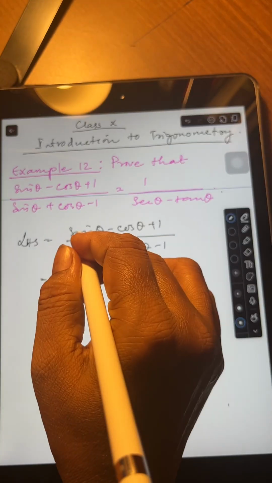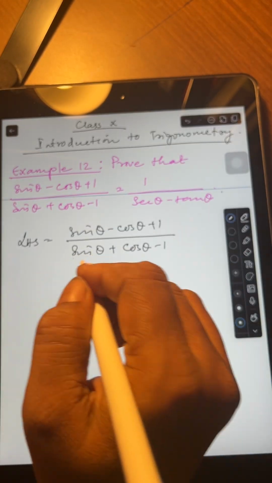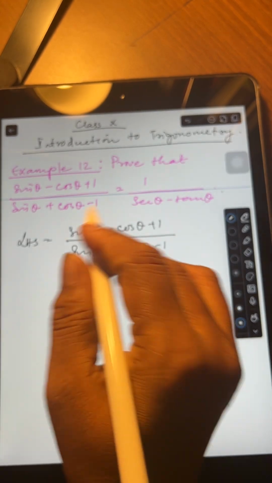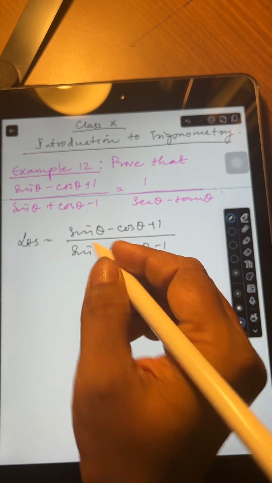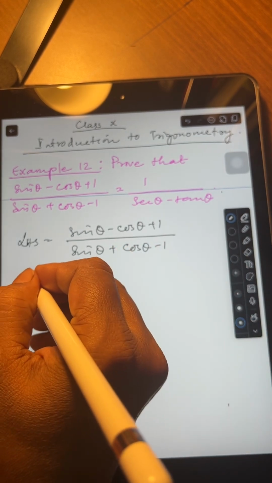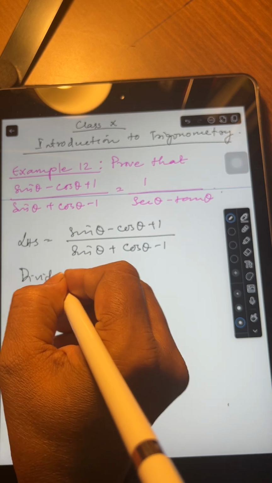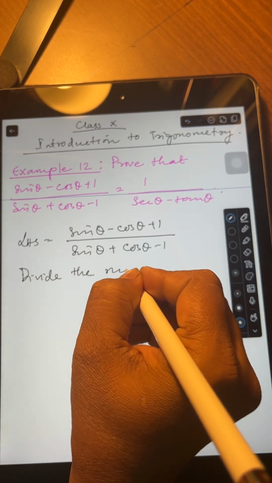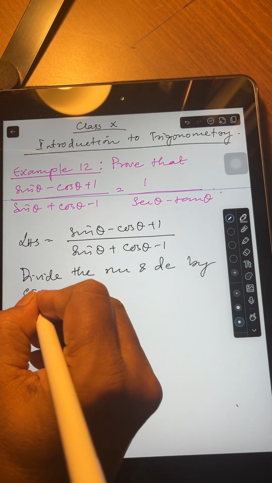Okay, how can you convert sine to tan? Sine by cos, you get tan. So what you will have to do is divide the numerator and denominator by cos theta.